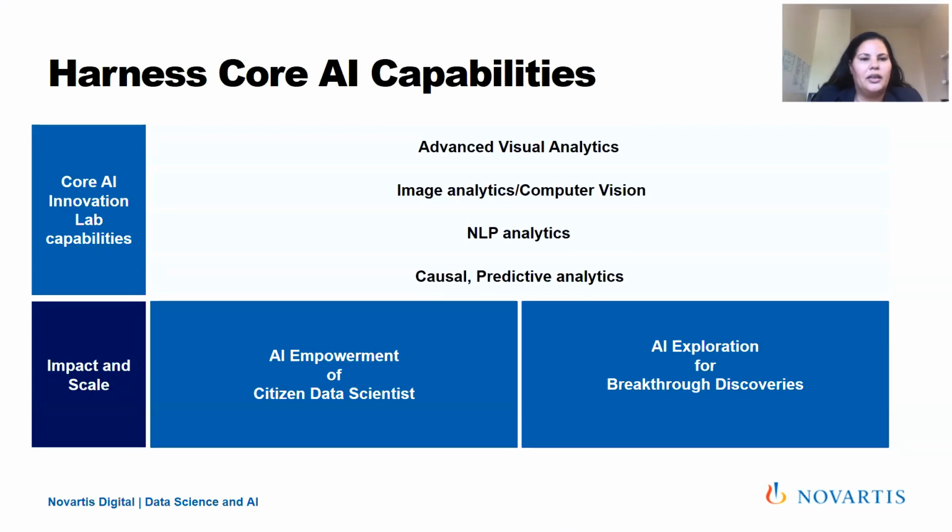So not just the deep data AI scientist that knows how to leverage these tools, but also a data scientist, even a non-data scientist that wants to be able to interact better with the data and reason with it. So we're doing both of these things, and we think it's important to harness the potential and power of AI, not only to do fundamental discoveries, but also to empower our scientists and our clinicians throughout the organization. Next slide.